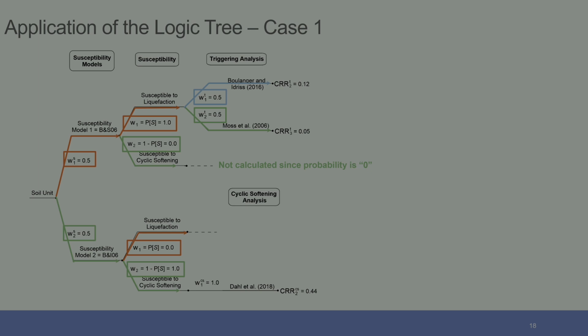For triggering assessment, we are again assigning 50 to 50 for both of the triggering models that we used for this example, and we are directly using Dahl's 2018 model for cyclic softening. The results indicate that if we use Bray-Sancio, the resistance ratio is 0.09. If we use Boulanger and Idriss, the cyclic resistance ratio is 0.44. So there is a 5 times difference between these two models.